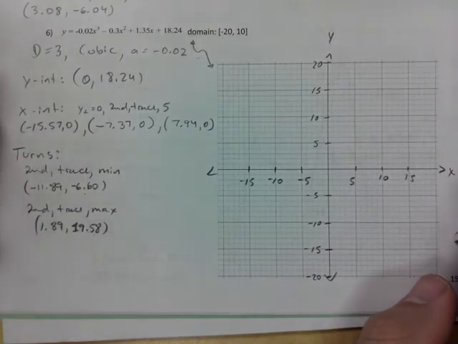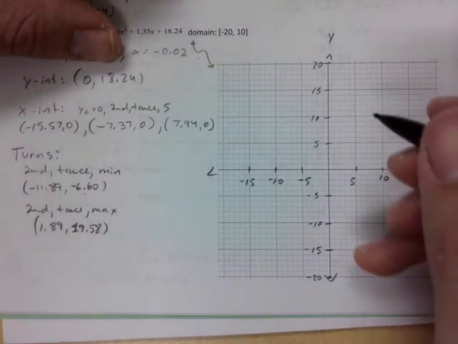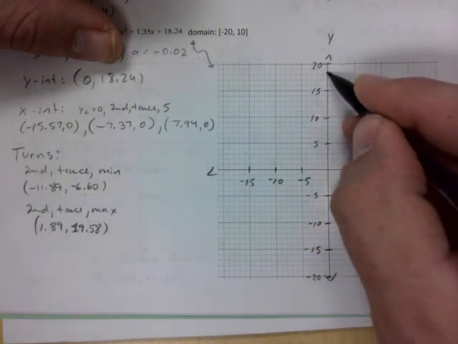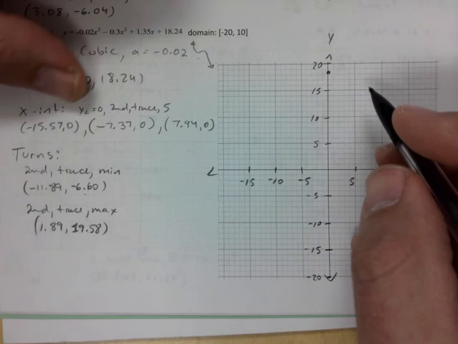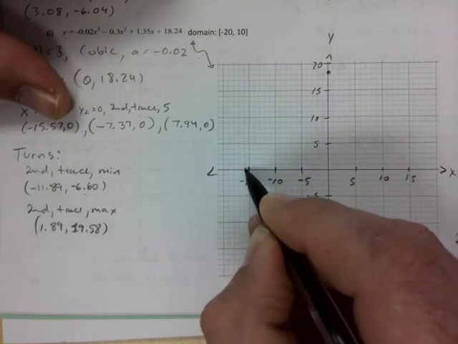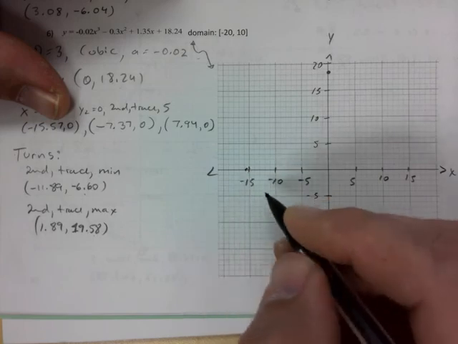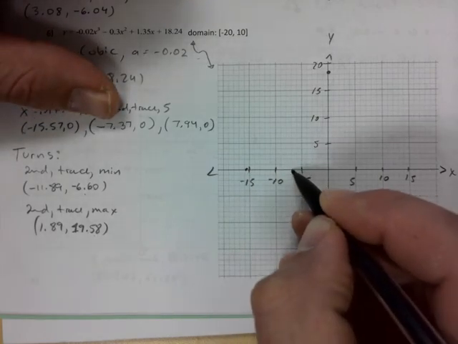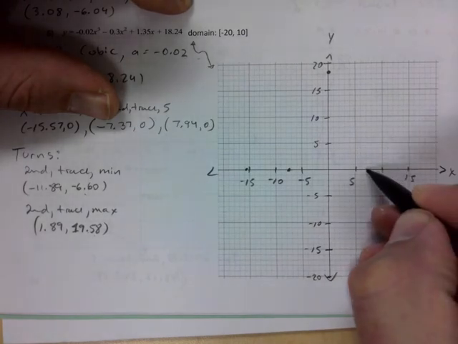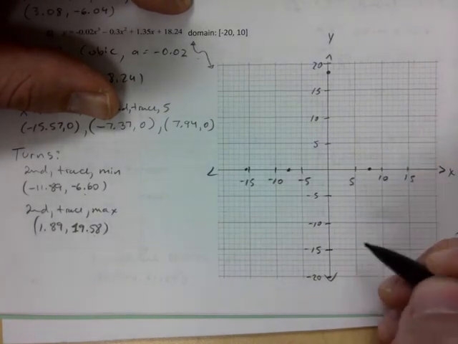Okay, so let's plot it. The y-intercept is 18.24 right there. And then the x-intercepts are -15.5, right about there, -7.37, and then 7, almost 8.